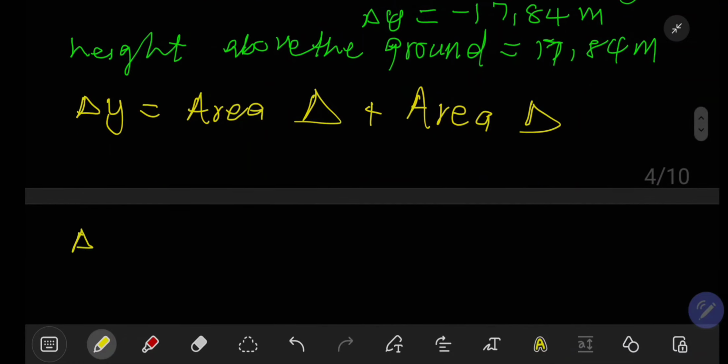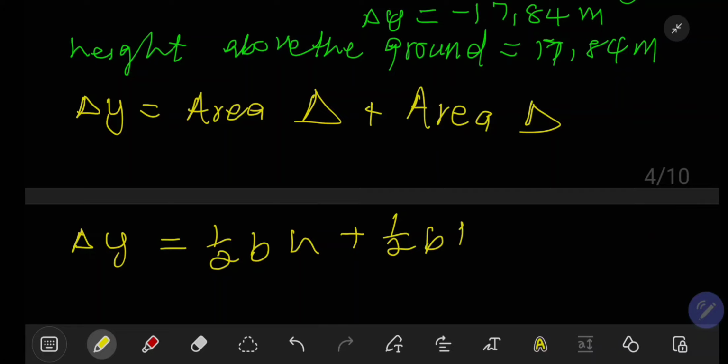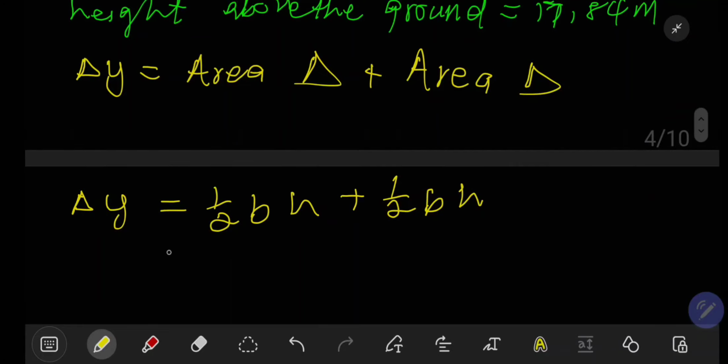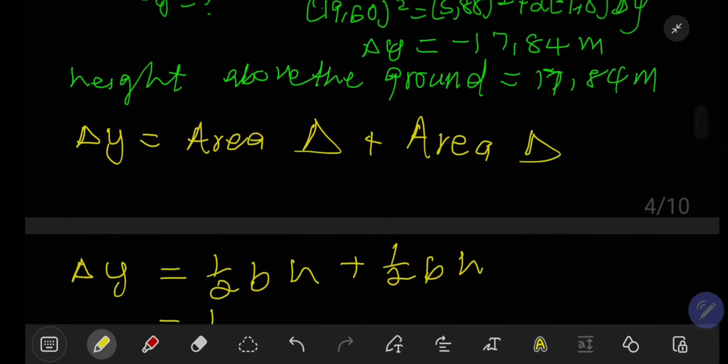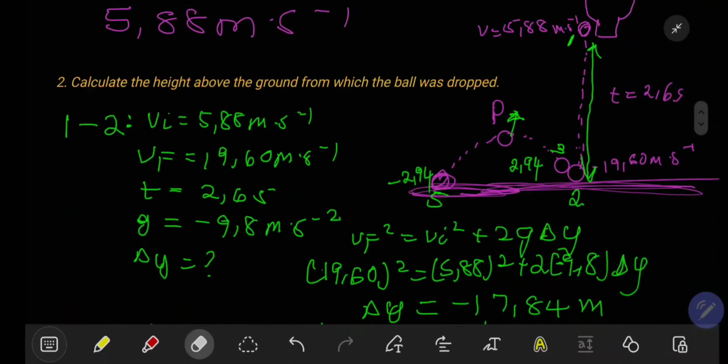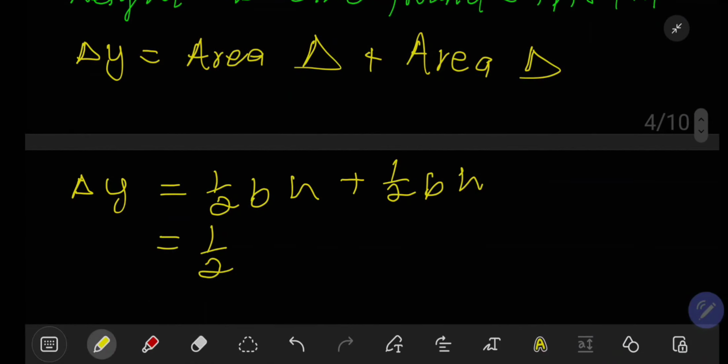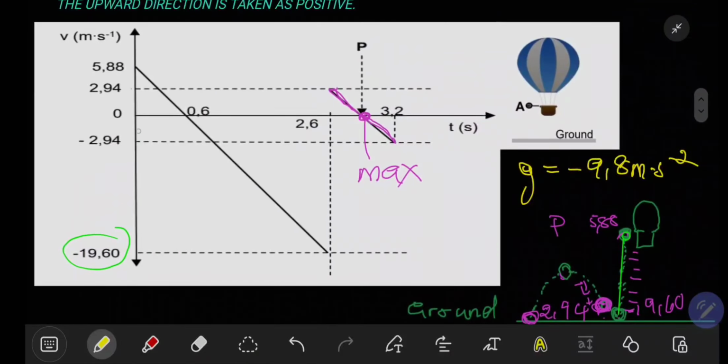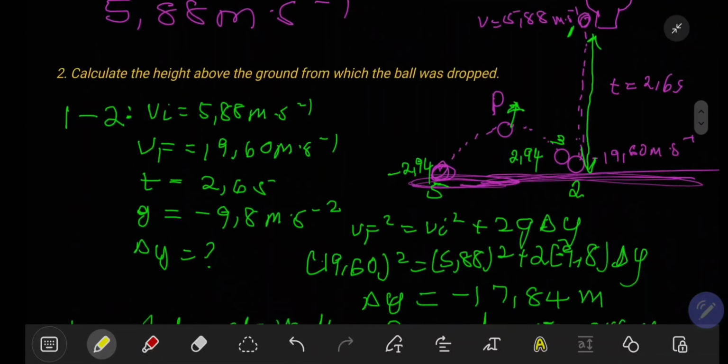Then our displacement will be equal to half base height plus half base height. We're having half the base of this triangle here, it's 0.6, and then the height, from this point here to this point, is 5.88.